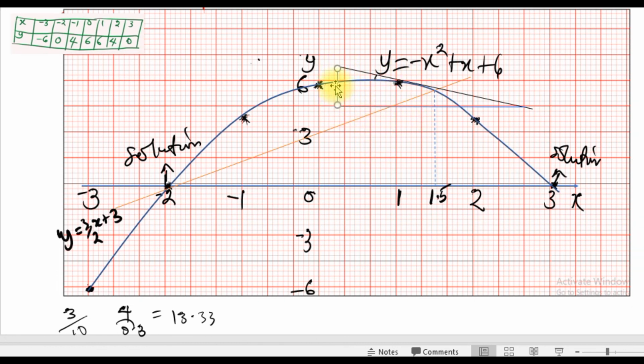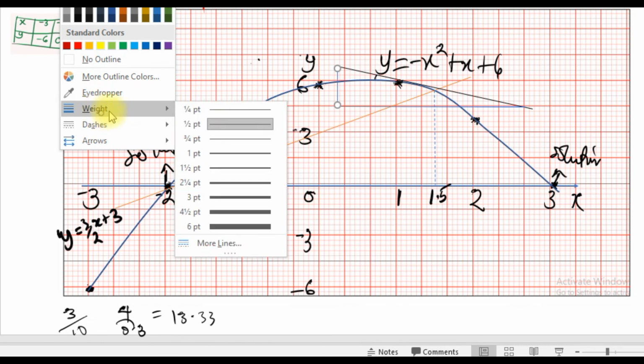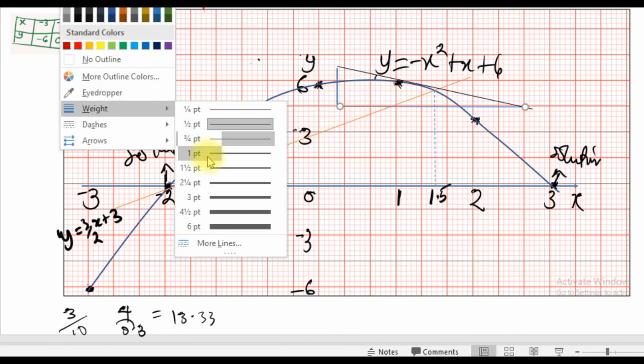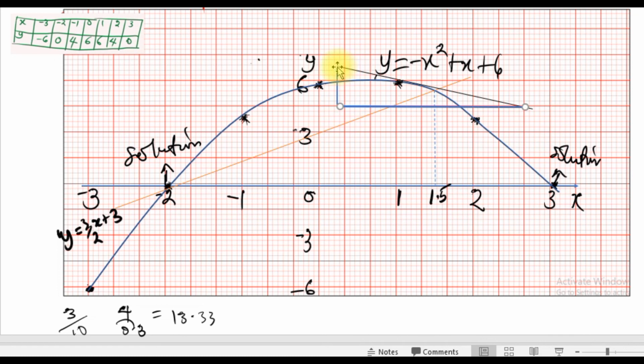Okay, let me use a thick line so that it will be visible. So this is my angle 90. So we need to get this point and this point and also this point. So remember, change in y over change in x. So let's get the points here.